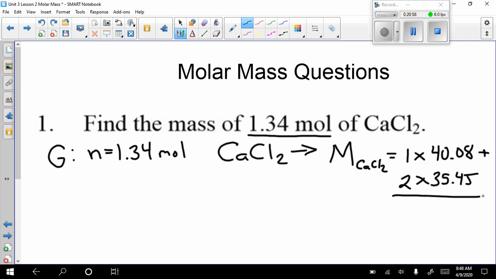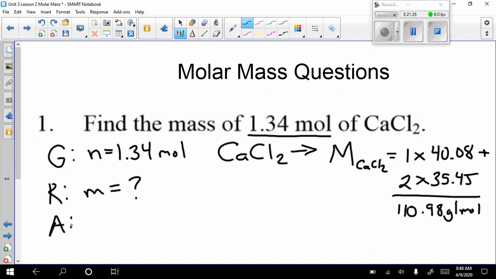So I go 40.08 plus 2 times 35.45, and I get 110.98 grams per mole. Okay, so technically I've been given that. Now, my required in this case is it says find the mass. Well, that's the sample mass. So the little m is equal to a question mark.